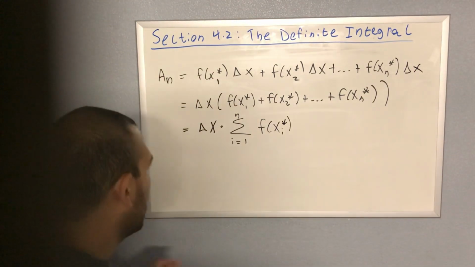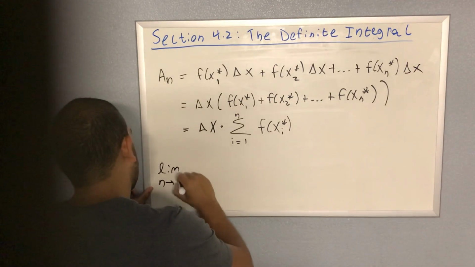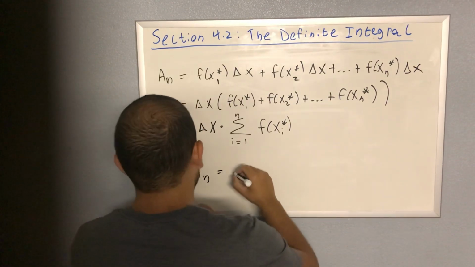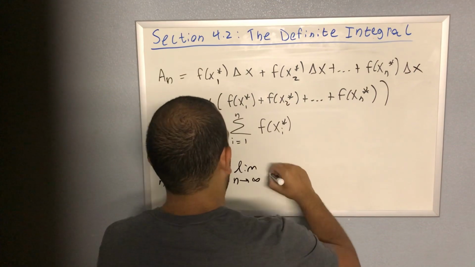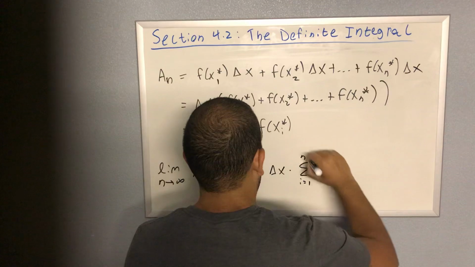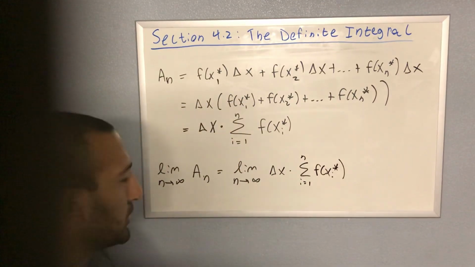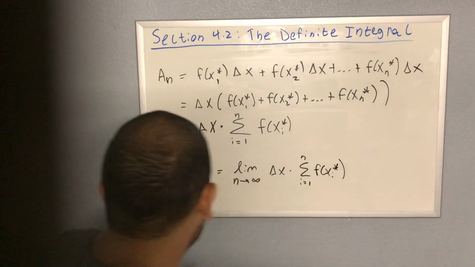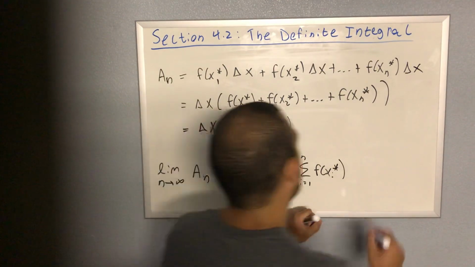And then we said the limit as n goes to infinity of the area, which is the same as this, we define this to be the area underneath the curve. So this literally is when you take an infinite amount of rectangles, you get the area underneath the curve.